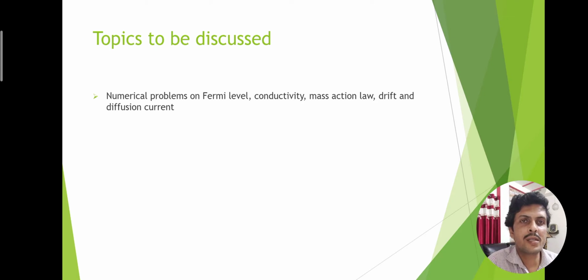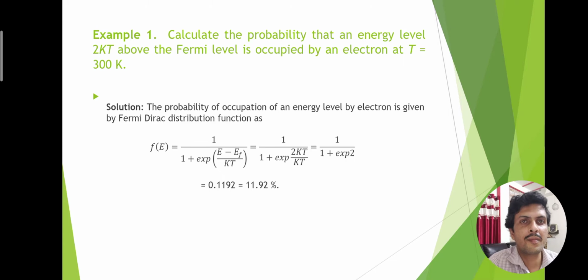Now today we will discuss some numerical problems on Fermi level, conductivity, mass action law, drift and diffusion current. Now in this example, it is told to calculate the probability that an energy level which is 2 times the Boltzmann constant and the ambient temperature in Kelvin above the Fermi level is occupied by an electron at T equal to 300 Kelvin.